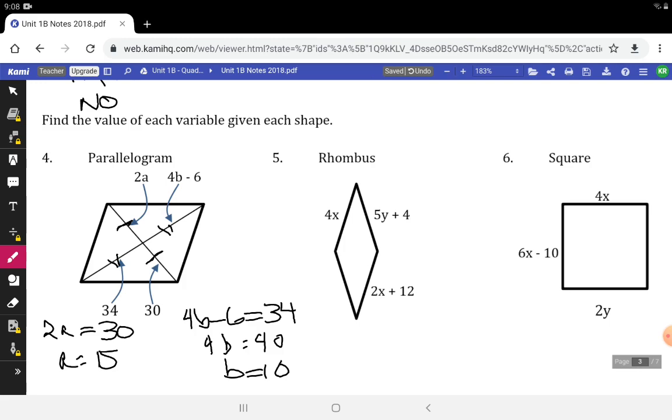All right, in example number 5, we're told it's a rhombus, remembering from our previous video that in rhombuses, all sides are congruent. So 4x is equal to 2x and 5y plus 4, and this unlabeled side. So knowing that 4x is equal to 5y plus 4 is not a helpful equation, because then we have one equation with 2 variables. But we can also use the fact that 4x is equal to 2x plus 12 and set up an equation there.